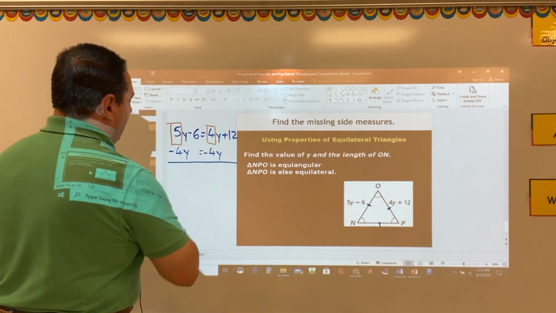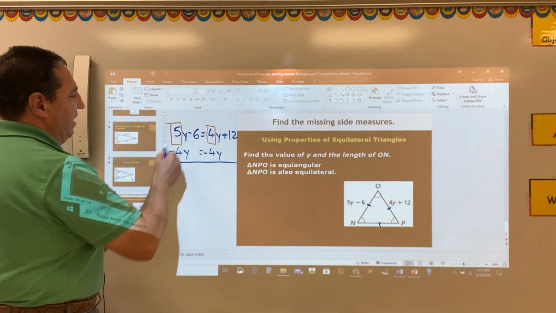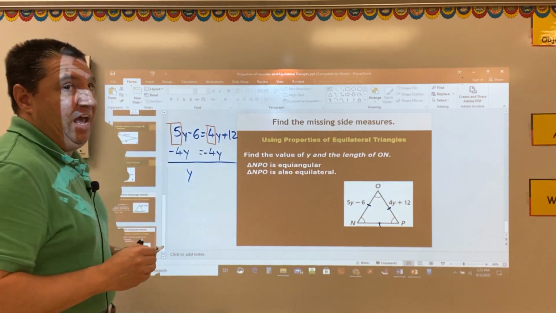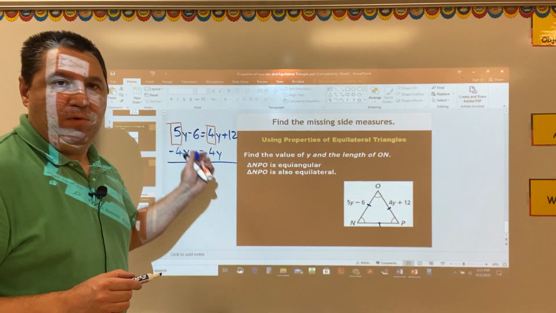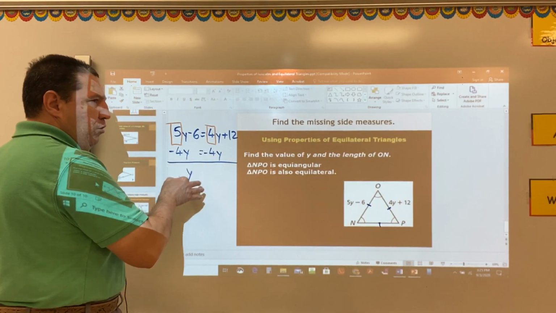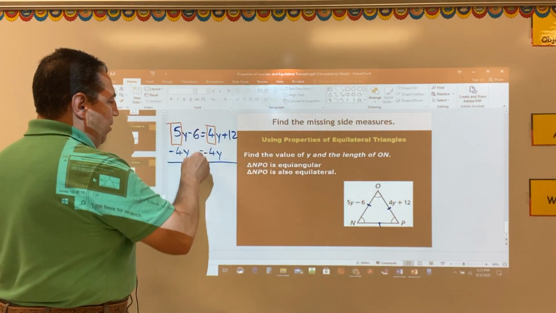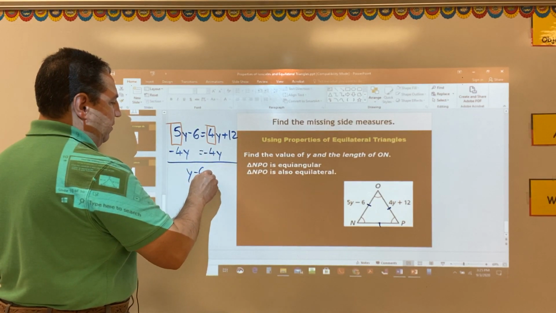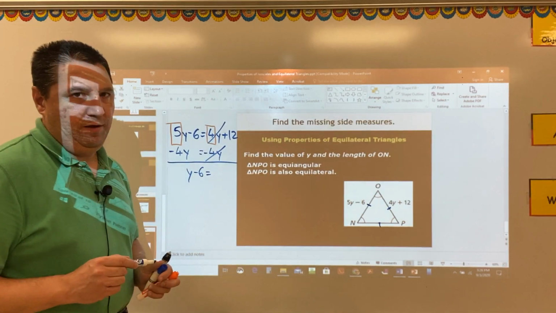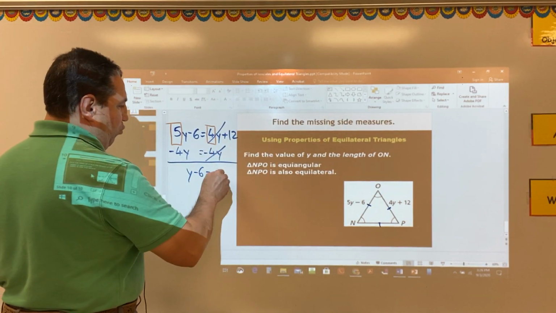Good. Now, we start combining. So we keep the variable, and then we subtract coefficients. 5 minus 4 equals 1. But usually we don't put 1 times y. Now, you bring down negative 6. Then equals. These two terms cancel out. What's left? 12. We bring it down.